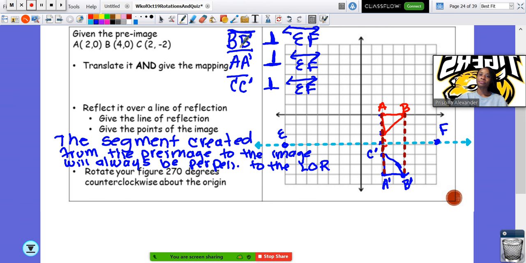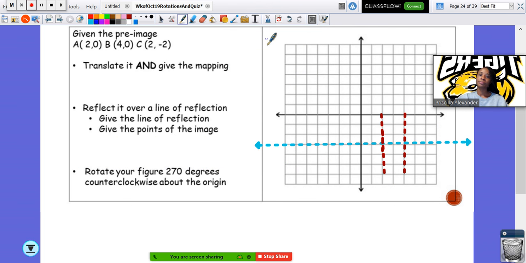Okay, let's go ahead and do the last one, which is a rotation. So we've talked extensively in class about these rules of rotation because we needed to practice on them.